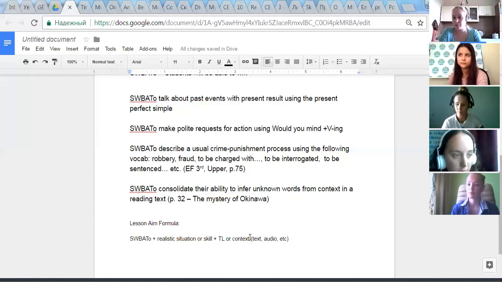They will never ever, not even in any exam, produce a text which is not close to life. So I'll tell you, in all this methodology, in the communicative methodology, target language or the material you're using doesn't come first. The context always comes first.